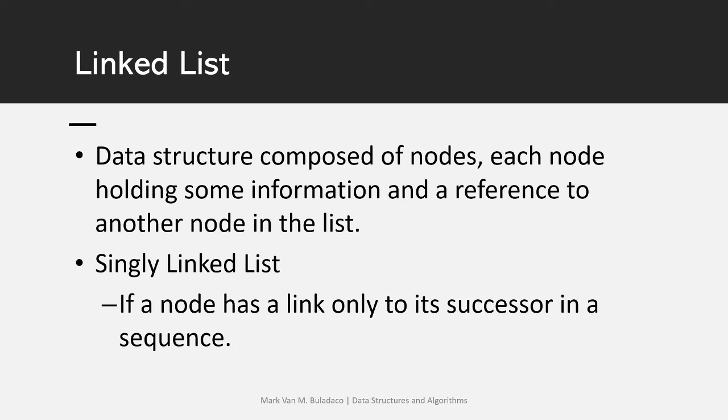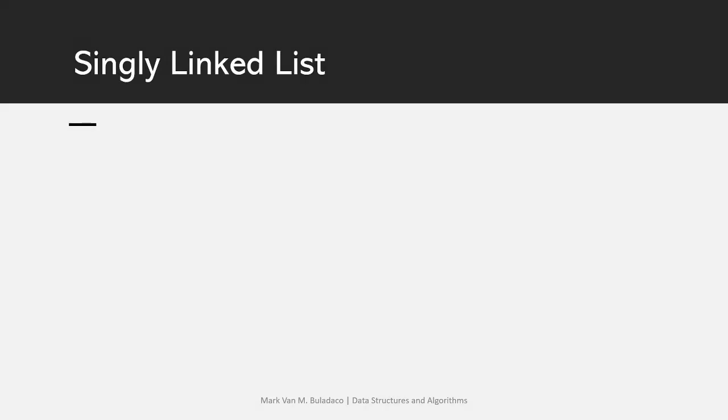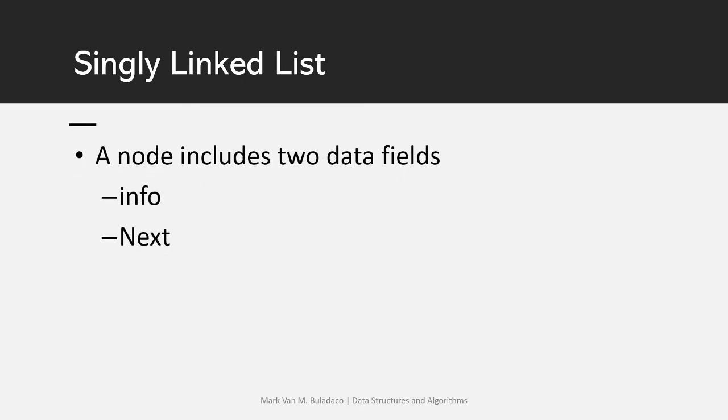So we do have what we call a singly linked list if a node has a link only to its successor in a sequence. A singly linked list node has two data fields. First is the info, which refers to the information or the value that is stored in the linked list, and then next.